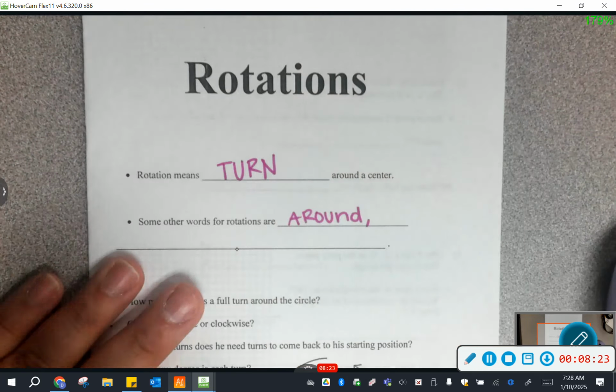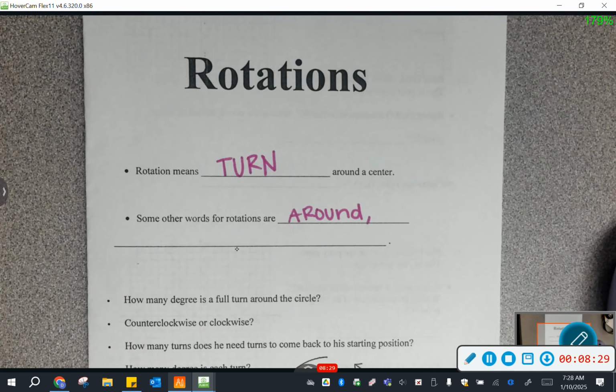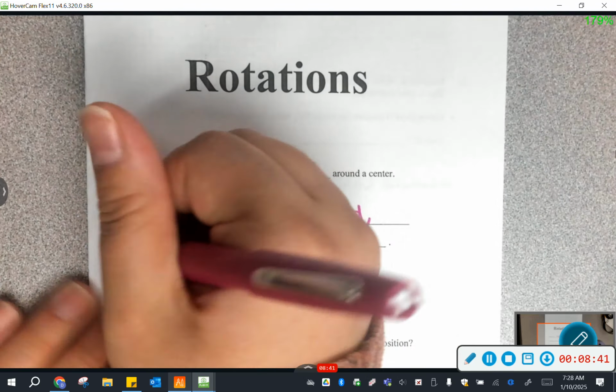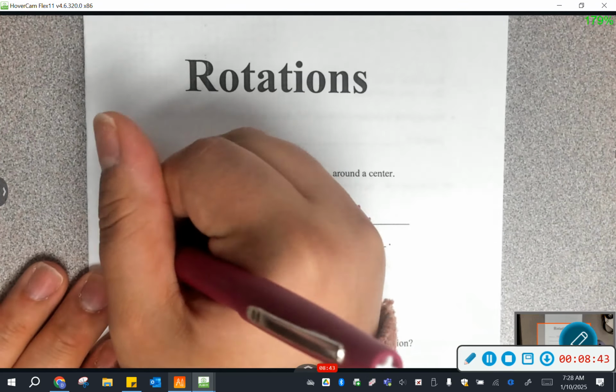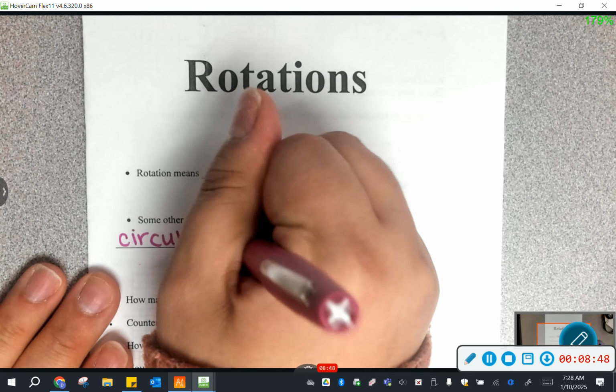around. What would be another word that would be used? Backwards? So anytime we're talking about turning, I need us to focus a lot on the act of circular motion.